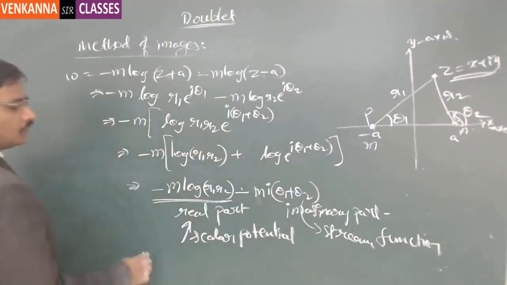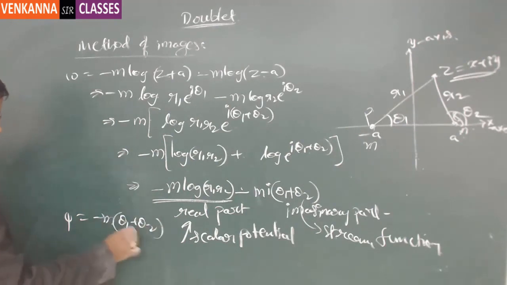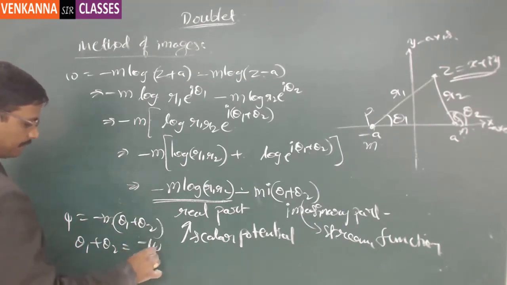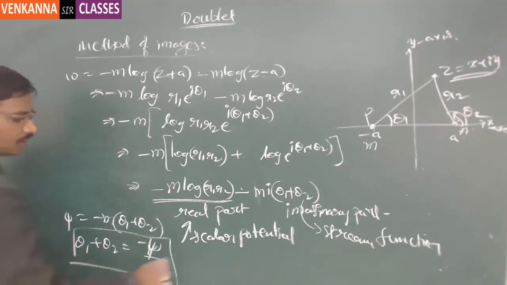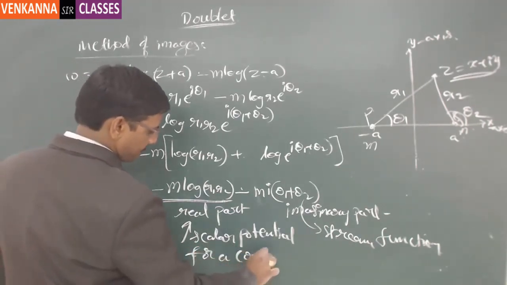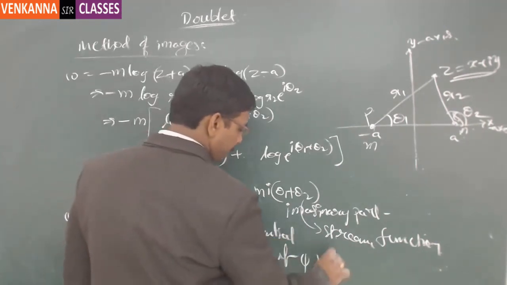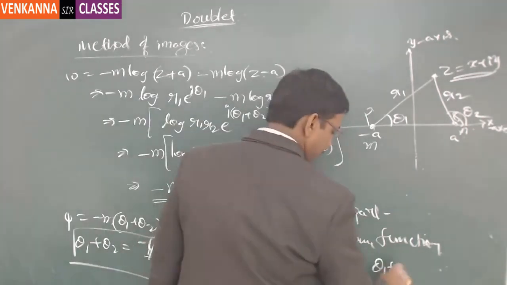So here, if you notice, if I take psi equal to minus m into (theta 1 plus theta 2), or theta 1 plus theta 2 equal to minus psi divided by m. Now, for a constant psi value, theta 1 plus theta 2 equals a constant.